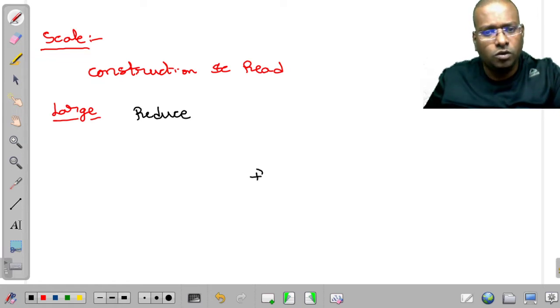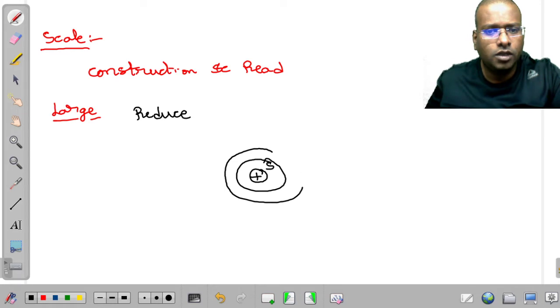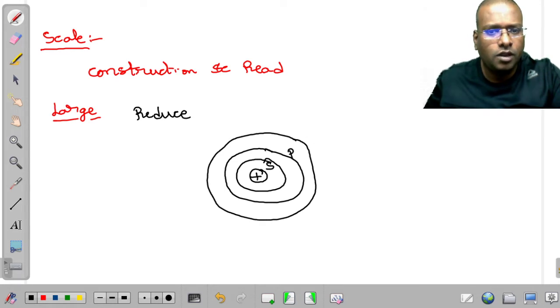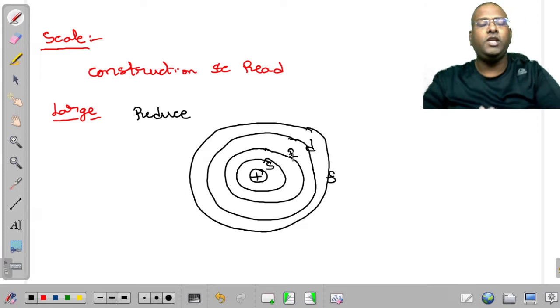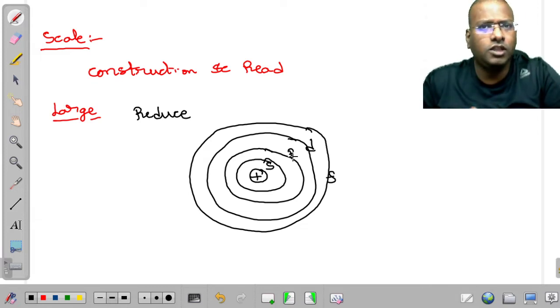We have already come across this in +2 or elementary standard. If you observe the structure of electrons and protons in an atom, there is a proton, and surrounding it are the s, p, d, f orbits. So is the actual size of this atomic structure this much?